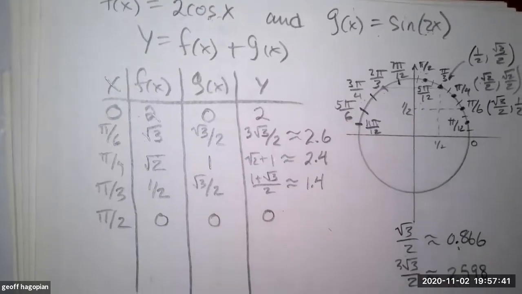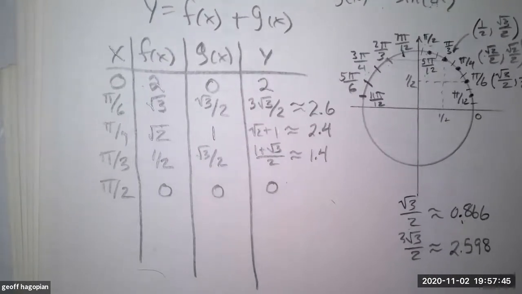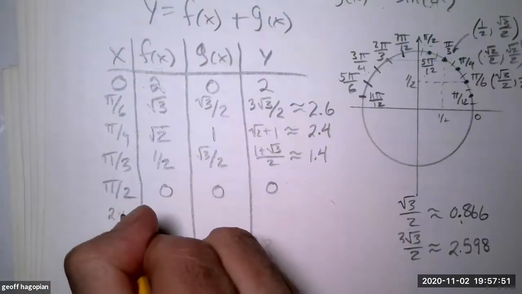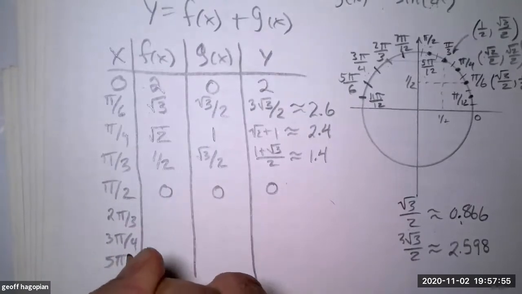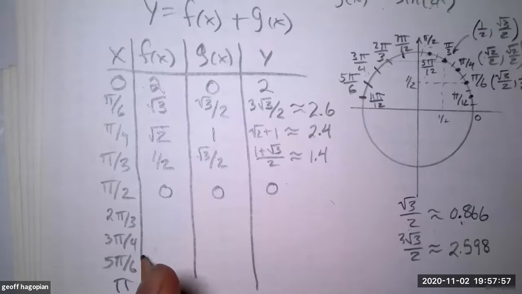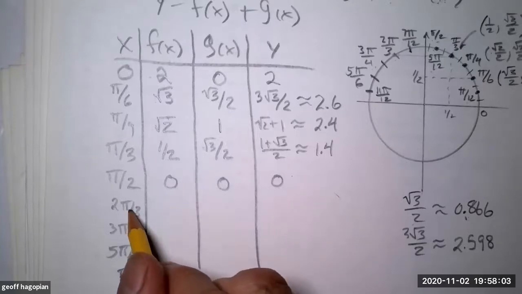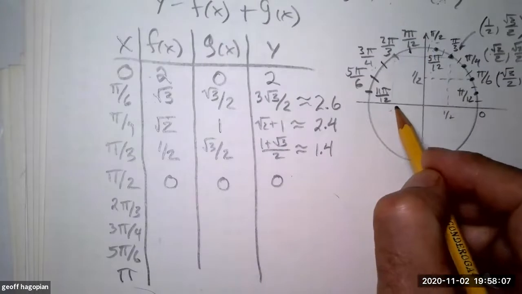Are we done? Well, let's go the next quarter circle around the unit circle, right? So the usual suspects there are 2 pi over 3, 3 pi over 4, 5 pi over 6, and then we're at the halfway point, pi. Cosine of 2 pi over 3, we're here, so that's negative 1/2, right?